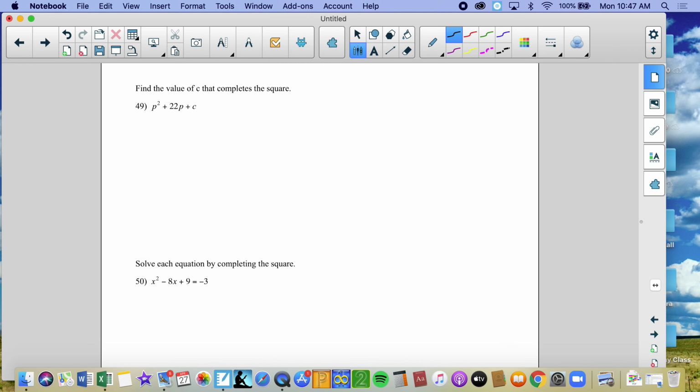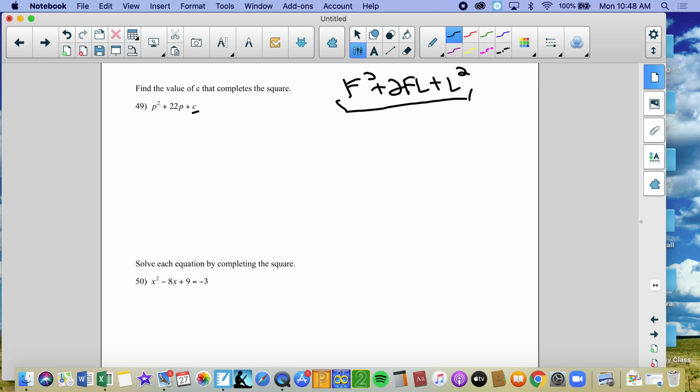Find the value of c that completes the square. Remember, completing the square creates a binomial square. And remember, binomial squares derive from this. So I know that this needs to be a perfect square.